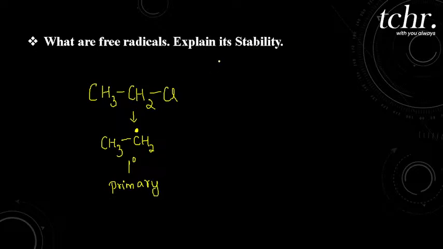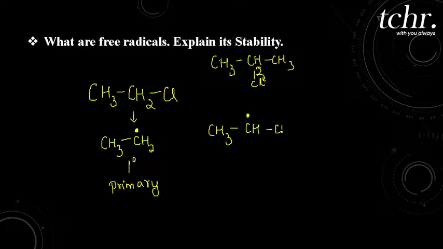Now if a compound is like this, isopropyl chloride, here the symmetrical cleavage happens and you get a free radical like this, with the unpaired electron on the middle carbon, the CH carbon. Now what is this called? This is called a secondary free radical.